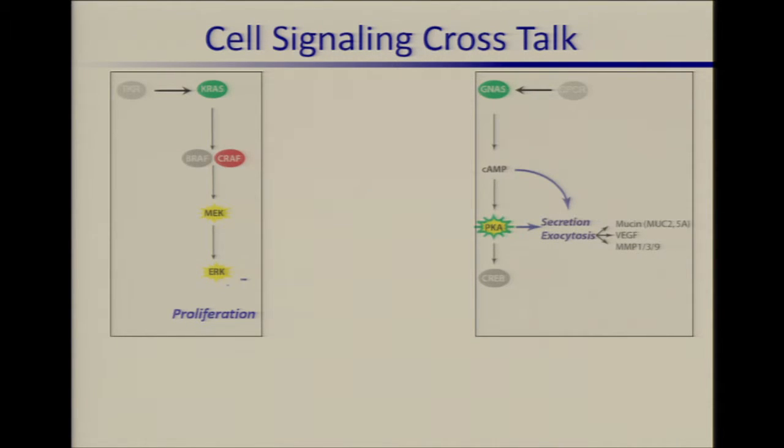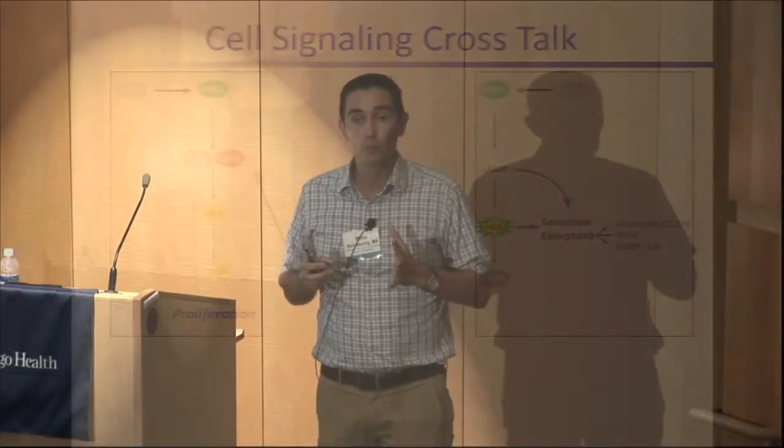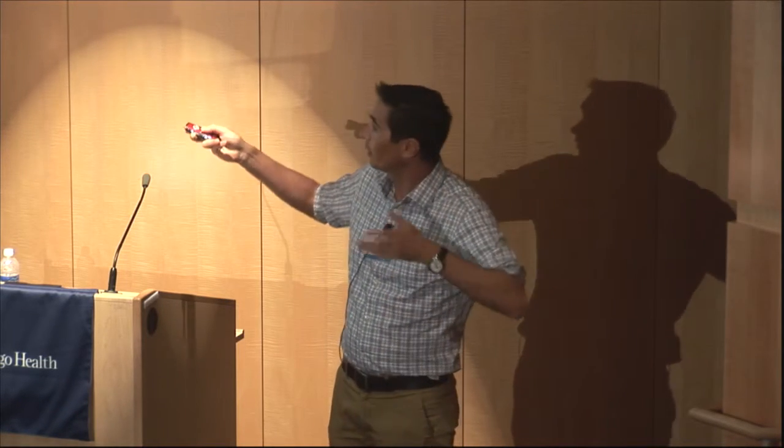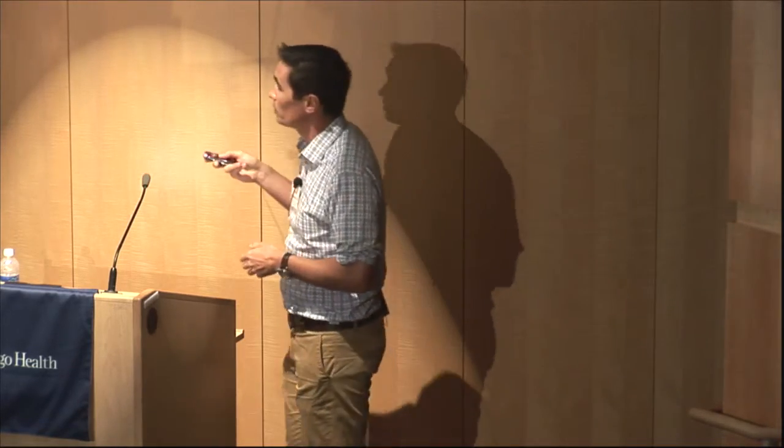And as a side note, GNAS and this particular PKA pathway is one of the targets of the cholera toxin. Cholera toxin makes you secrete a lot of water in your intestines, I guess, and that's what is triggered by the toxin. So it's also used in other diseases.